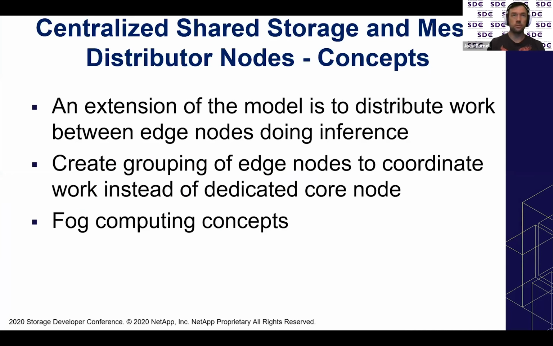Those distributor nodes could be in the core data center, or they could be other edge devices in your mesh. So what you could do is create a grouping of edge nodes, coordinating that work instead of dedicating it back to the core nodes. And you can also do deep transfer learning amongst these neighbor edge nodes, which I'll get into in a moment. This is not a new idea. This gets us into what's called fog computing, and there's also some security considerations that we'll talk about as well. But that's the idea.